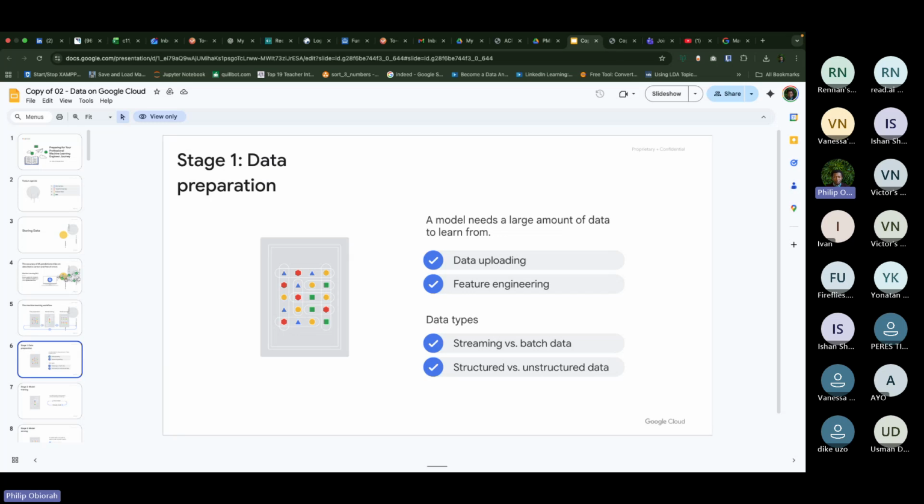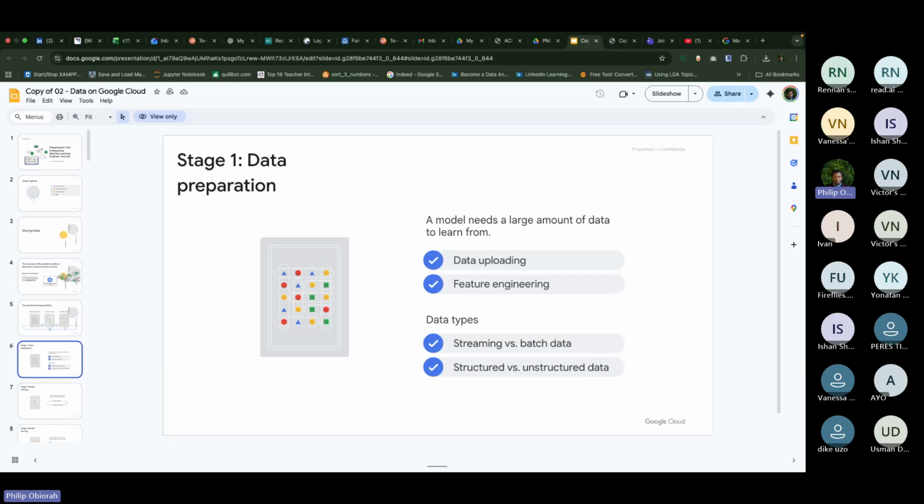So we could ingest data from BigQuery, from Google Cloud, or from streaming systems. All right, and after ingesting data, we might need to do feature engineering, transforming these raw inputs into meaningful signals.